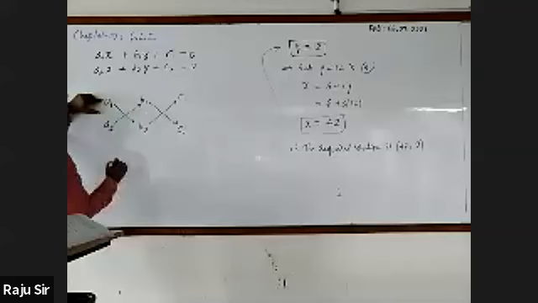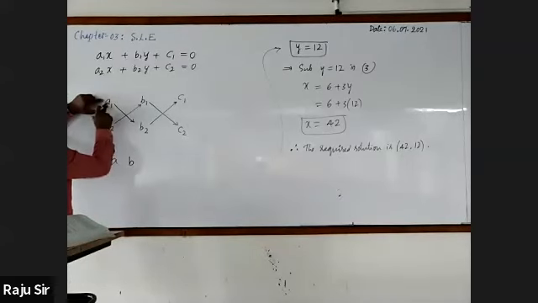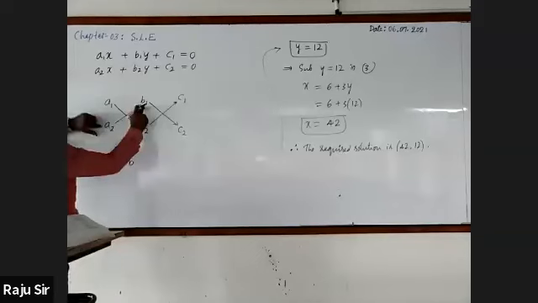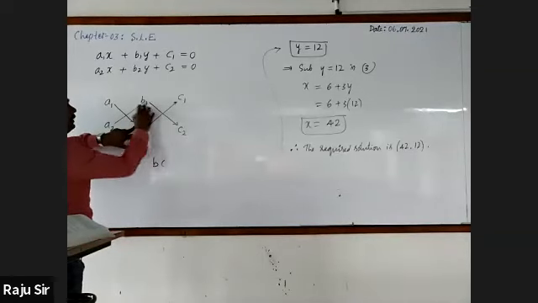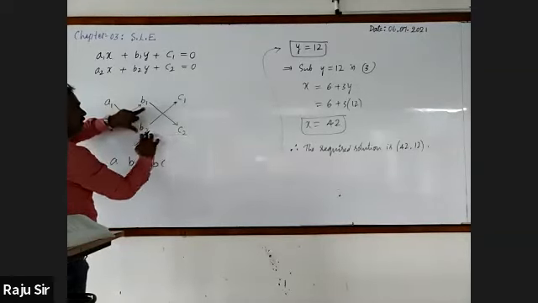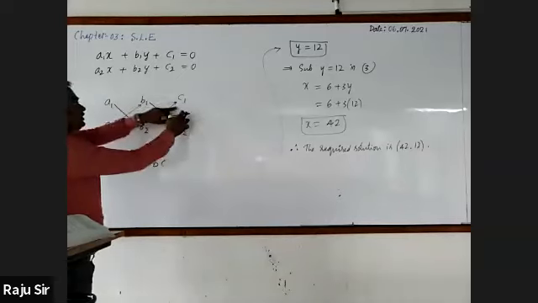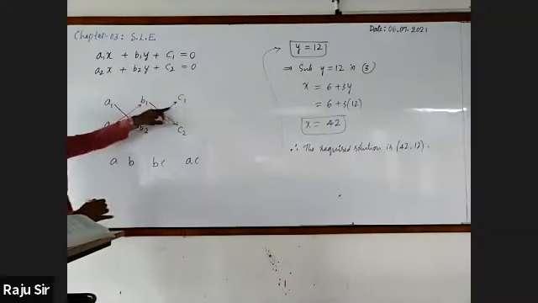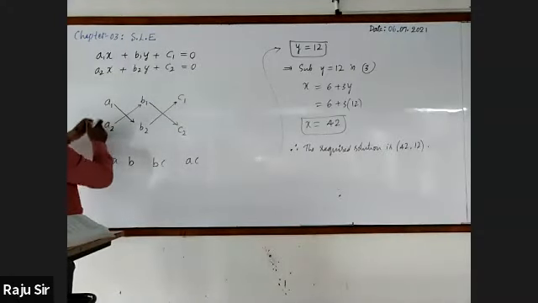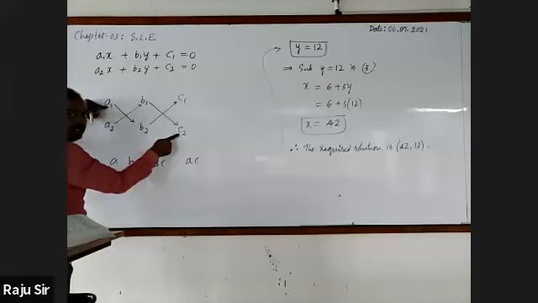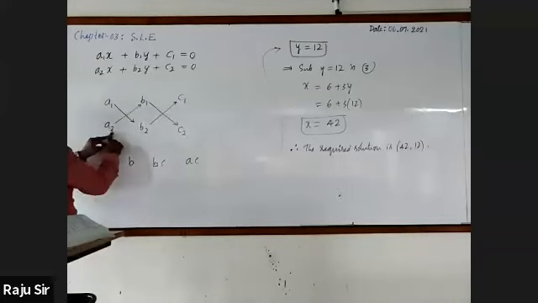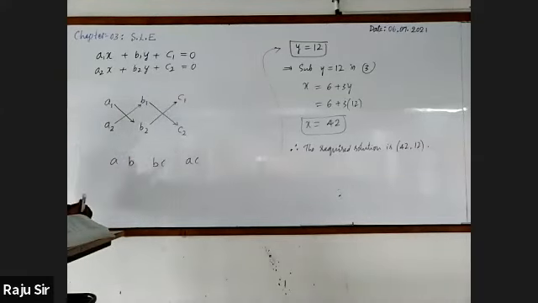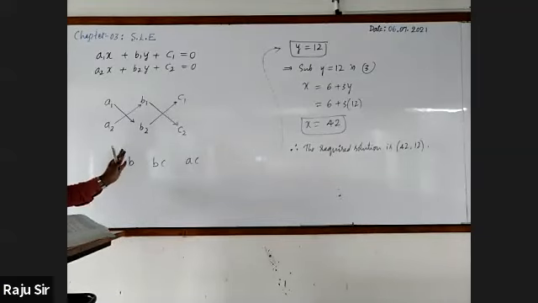First, AB: a1, b2, a2, b1. Next, we took BC: b1, c2, b2, c1. Next one, CA or AC. Here I'll take AC: a1, c2 and a2, c1. Clear? Followed? Yes.